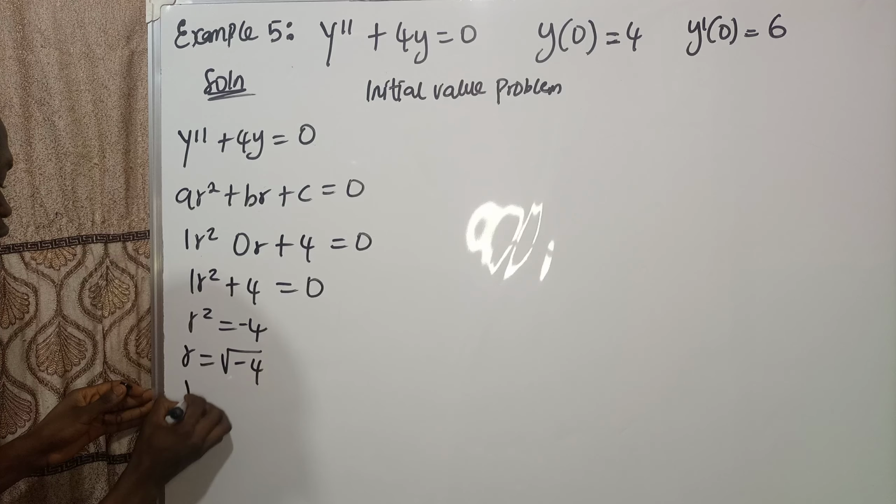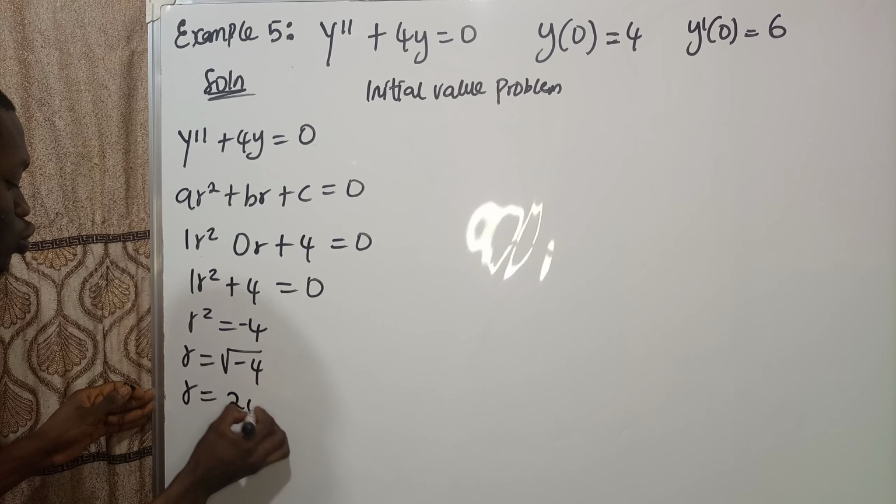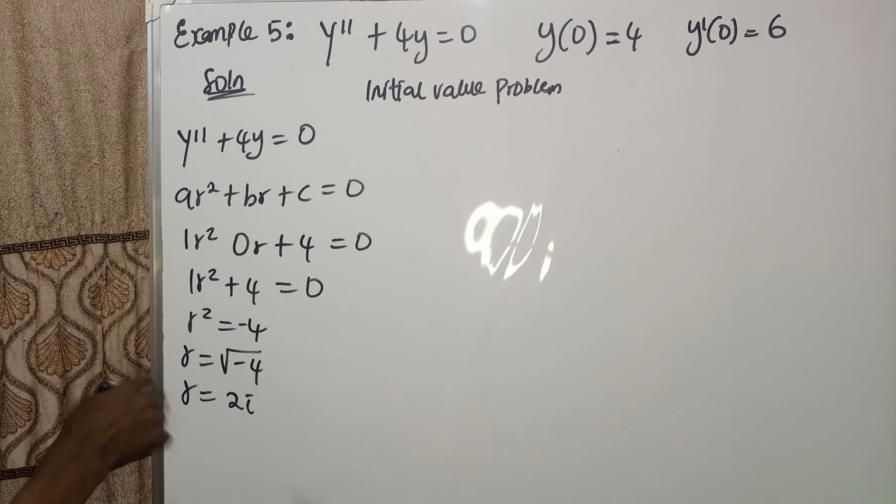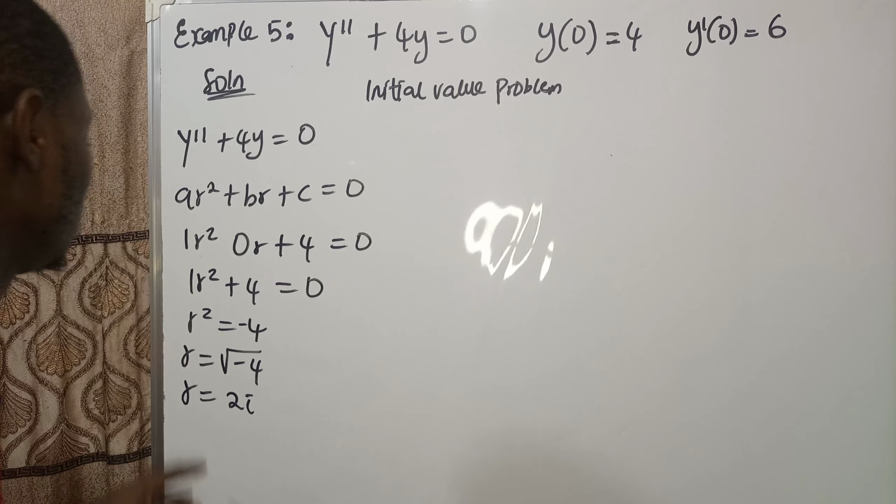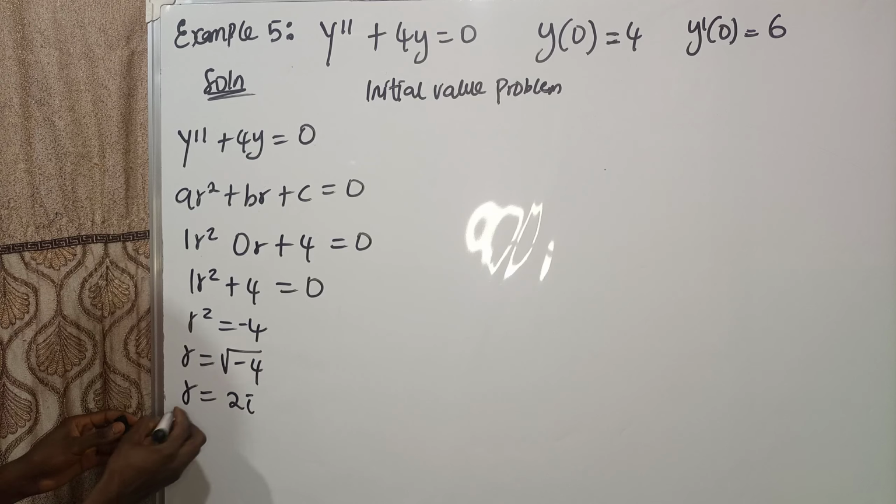So r is equal to the square root of minus 4 when you take the square root of both sides. So we are going to have r is equal to 2i, using the square root of minus 1. So our r is 2i.